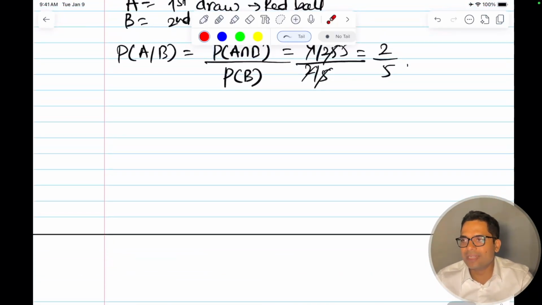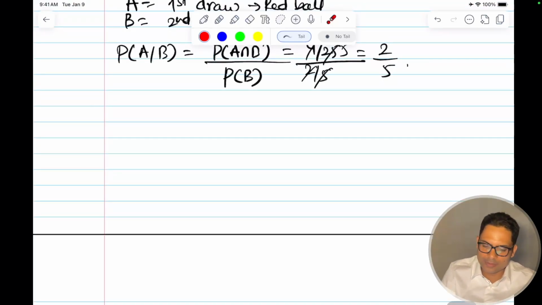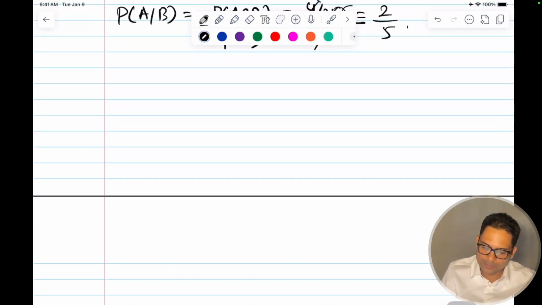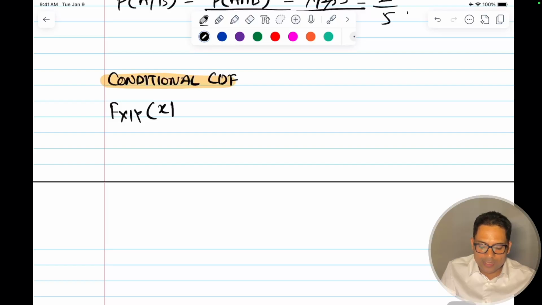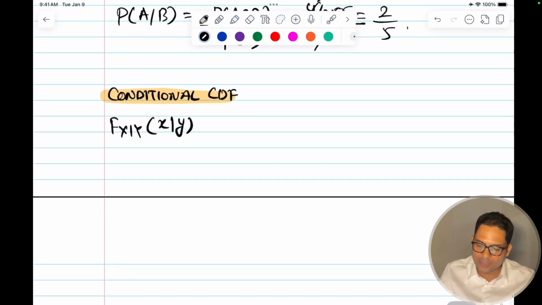So let's formally define conditional CDF quickly. What will be the conditional CDF formula? Mark the notation: capital F, X given Y, earlier it was a comma, now this is that straight line. F of x given y is equal to probability of X less than or equal to x given Y equal to y.